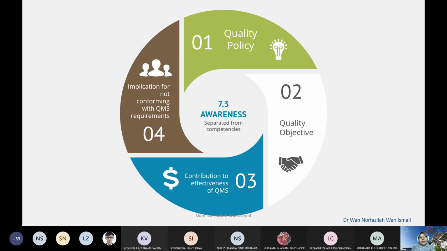Okay, and then the last one, all the persons in the organization are aware of the implication if they don't conform, if they don't fulfill the QMS requirements. So yang cleaner tadi, dia tahu macam mana nak handle broken glass, tapi dia tak tahu pun yang contribution dia ni penting.